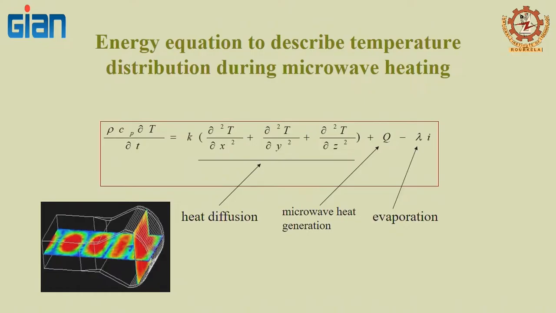So that means some films are going to reflect microwave, some films allow passage of microwave through them, or some films are probably totally transparent to microwave. So you have to use the appropriate film in your package material, so that you are able to get proper heating.